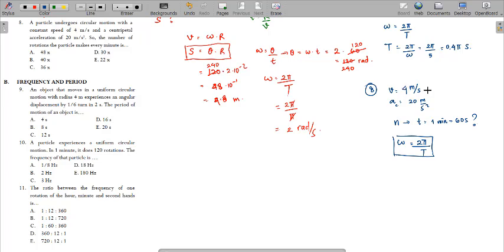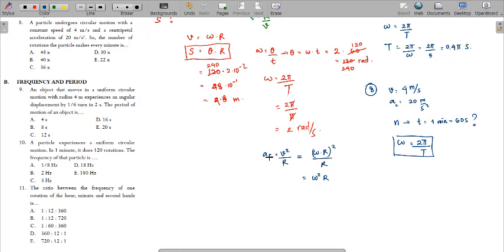Okay, you can start from this one, linear speed and centripetal acceleration. You have centripetal acceleration as v squared divided by r, that I already explained a few numbers before, and v equals omega times r, squared, divided by r, so you got omega square times r.